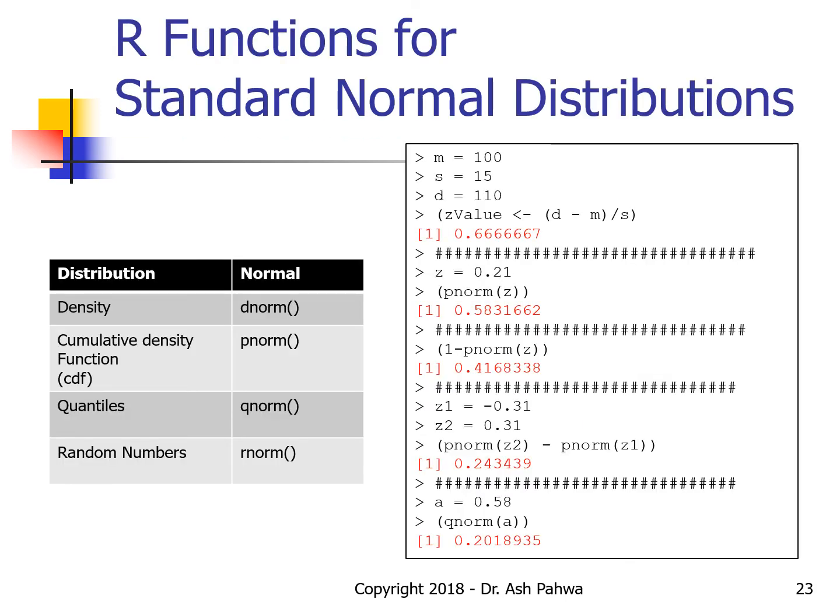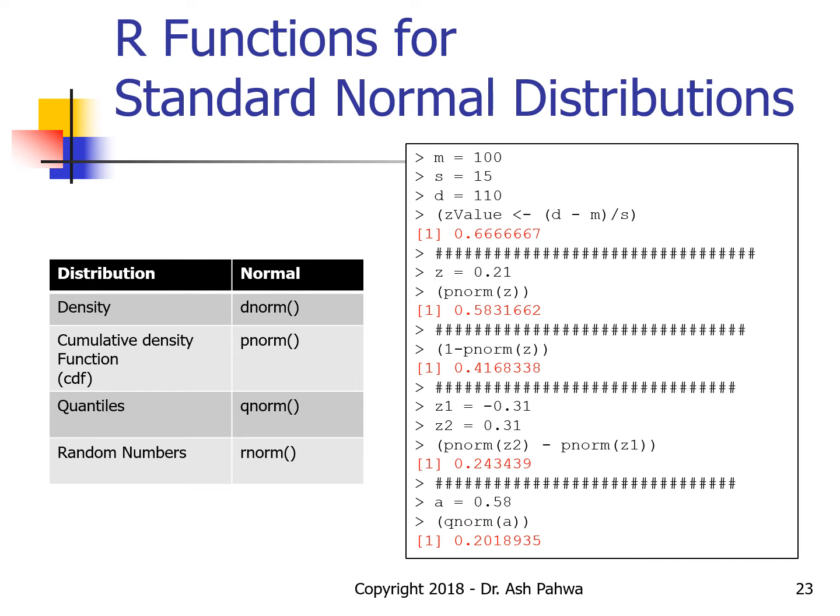There is another package called R, which also has these functions. So let us use R to compute these numbers, and our answers will be the same. Our mean is 100, our standard deviation is 15, and the given data value is 110. First of all, we compute the z value, which comes out to be 0.666.